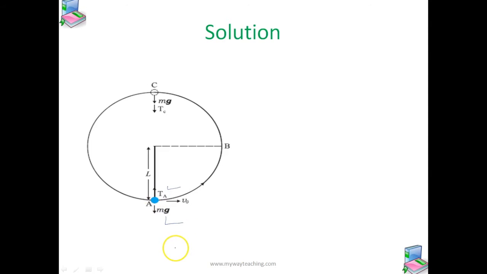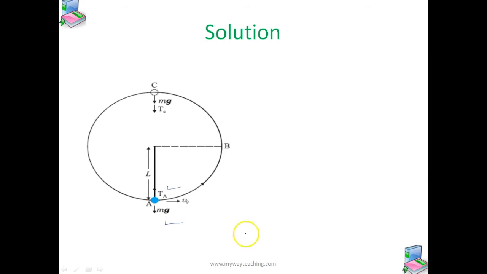The latter does not do work since the displacement of the bob is always normal to the string. So the potential energy of the bob is thus associated with the gravitational force. The total mechanical energy E of the system is conserved. So we take potential energy of the system to be 0 at the lowest point A.